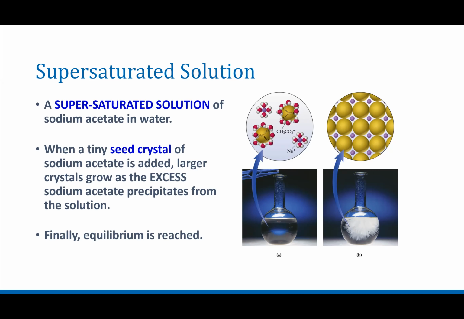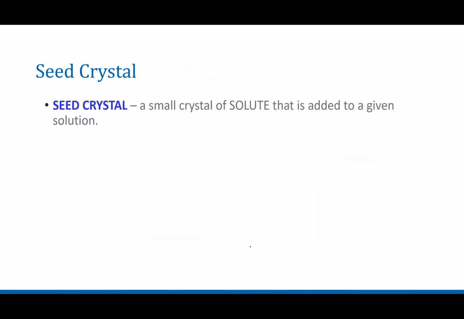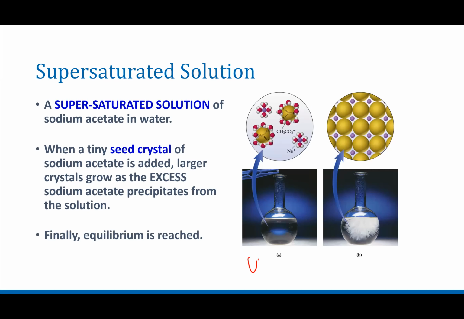Because the supersaturated solution is so unstable, when you add a seed crystal, you can see it on the top of that image there, it crystallizes, or precipitates is the proper word. It turns into a solid to become more stable.